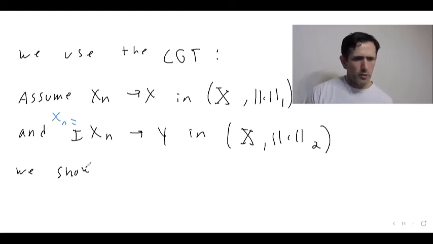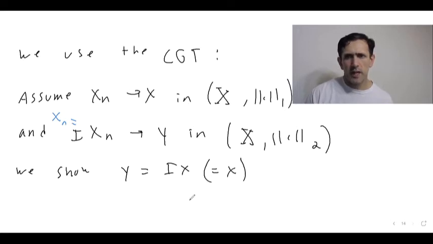So what I want to do is show that y equals, well, what do we have to show? We've got to show that y equals Ix, which obviously equals x. So we need to show that basically y equals x.